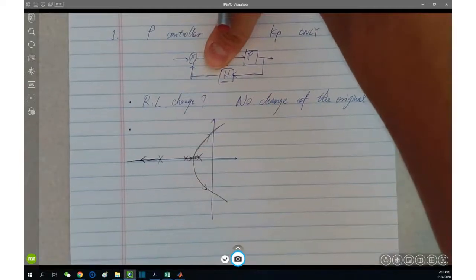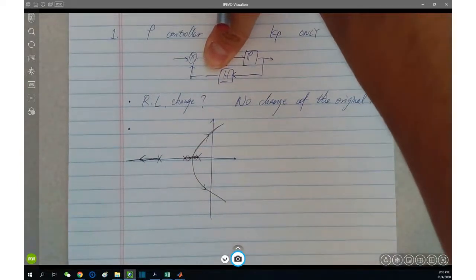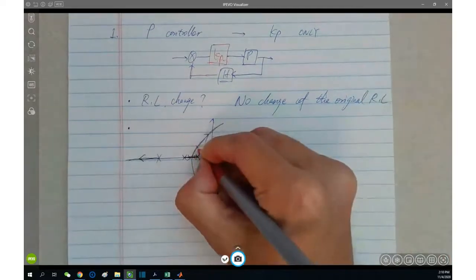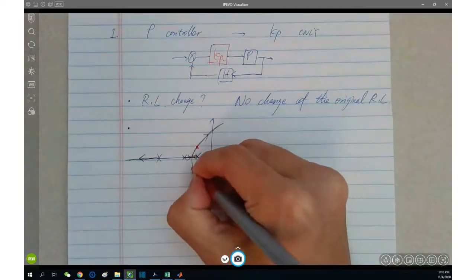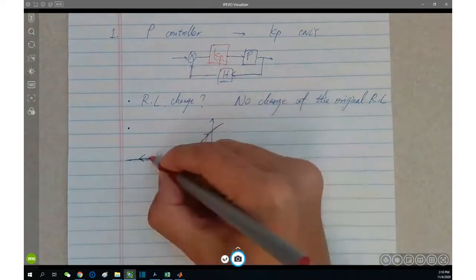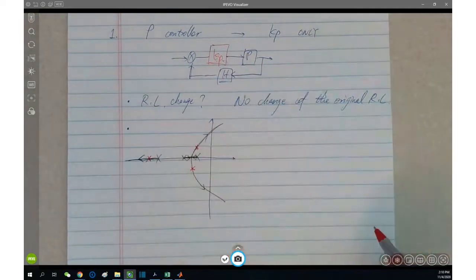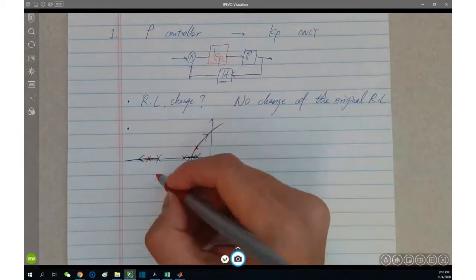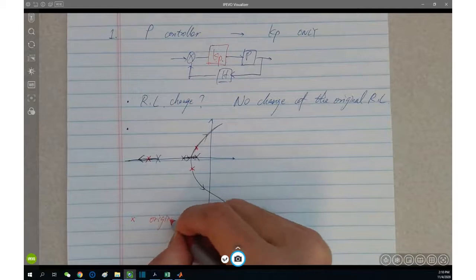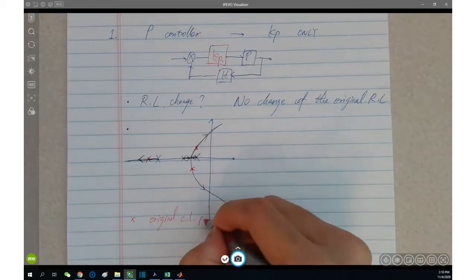The closed loop poles are one fixed point, itself not a path. Maybe that pole might be here, might be here, might be here. Obviously, 3 poles. This is the original. Here, I'll give you a legend. This is the original closed loop poles.